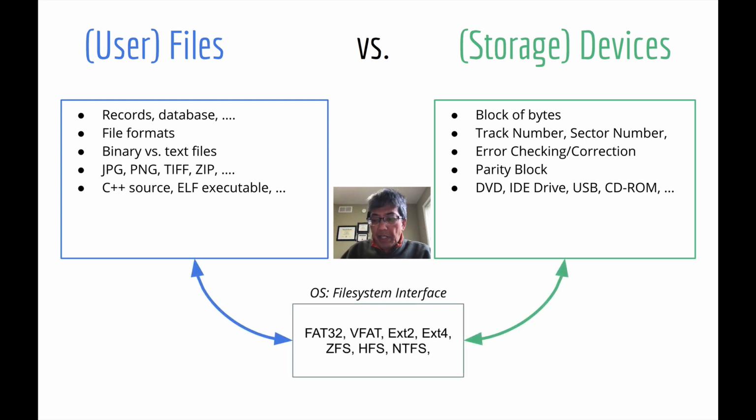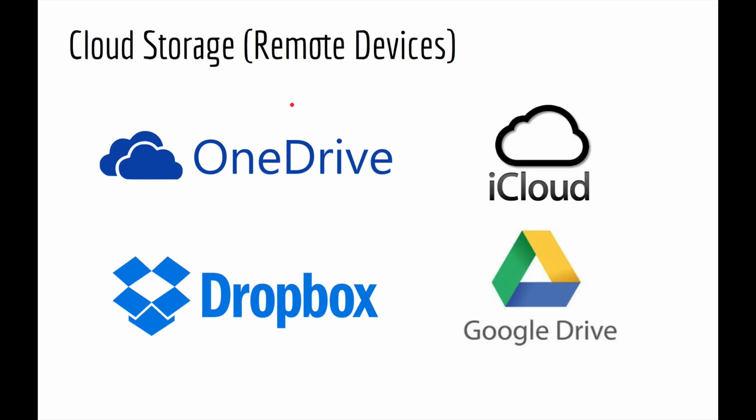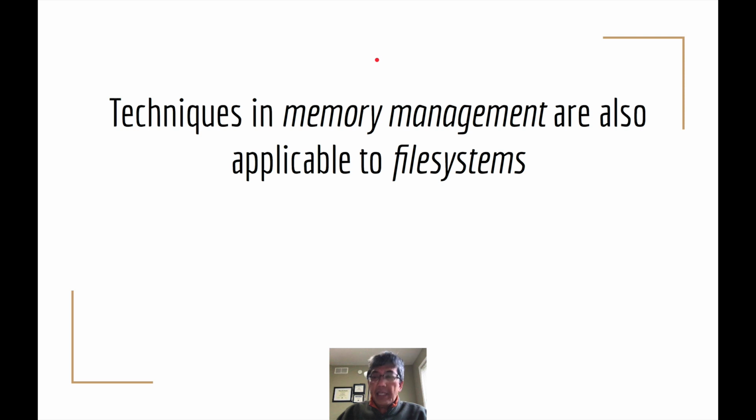And the main job of the operating system is to bridge the gap between the high-level concepts and the low-level operations on the underlying storage device. Also, it's becoming more common for us to use remote devices or cloud storage like OneDrive, iCloud, Dropbox, and Google Drive. Many techniques that we discussed in memory management can be carried over to file management.